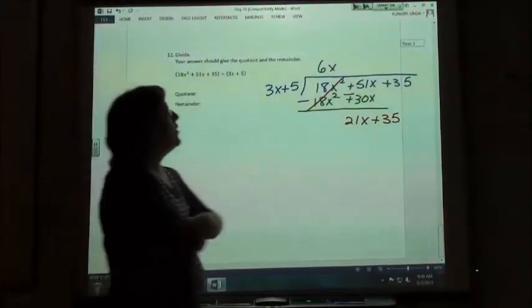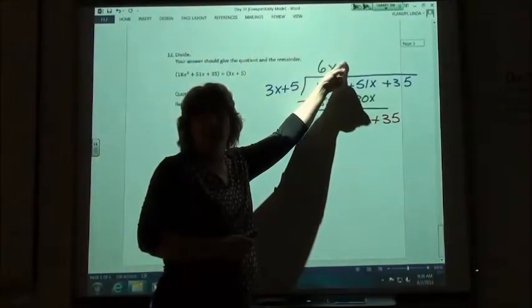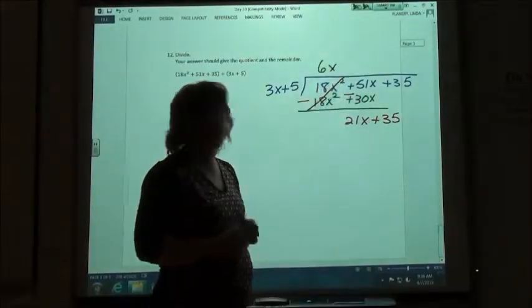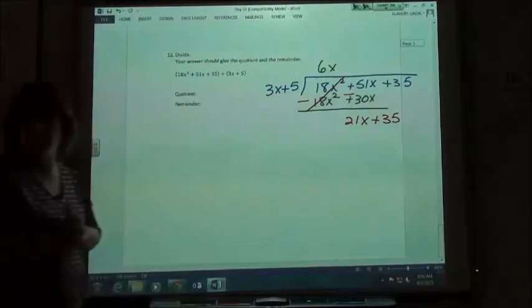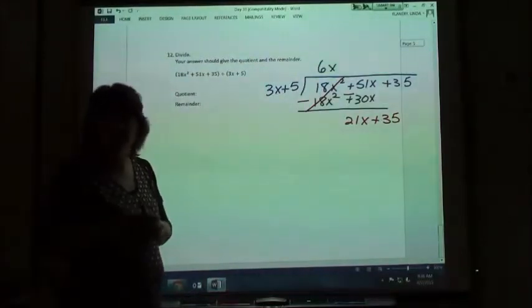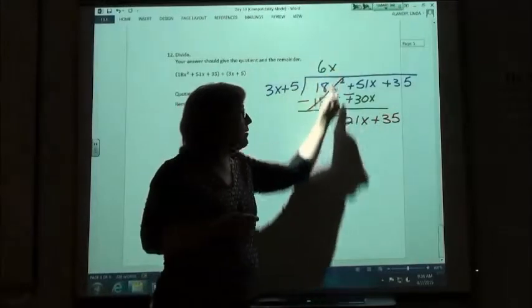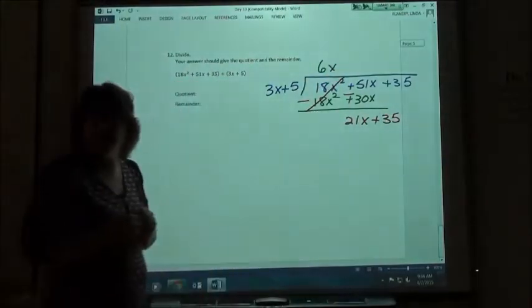I'm going to put something up here, right? What needs to go up here? So if I have a 3x here, what do I need up here to get this?